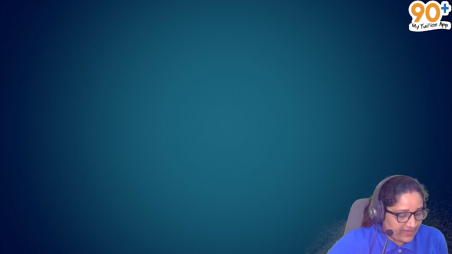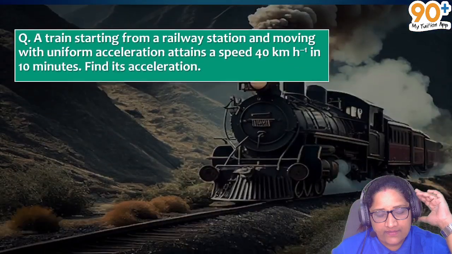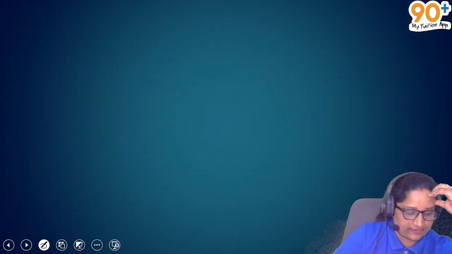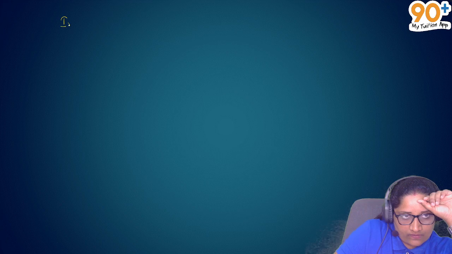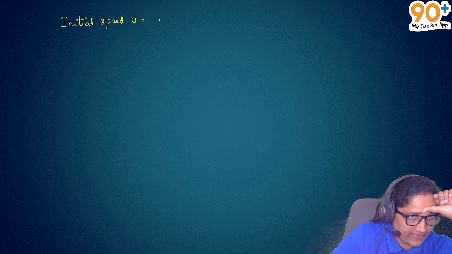Speed is given in kilometer per hour, so convert it into meter per second, then only do the problem. It was like 80 kilometer.